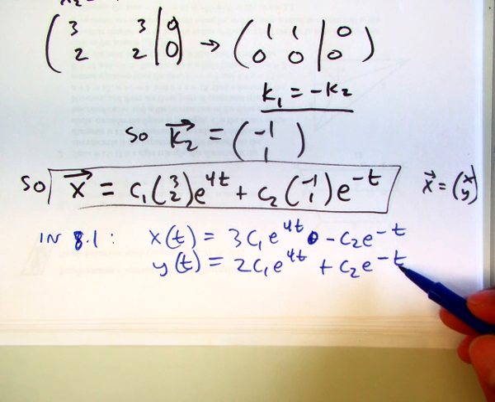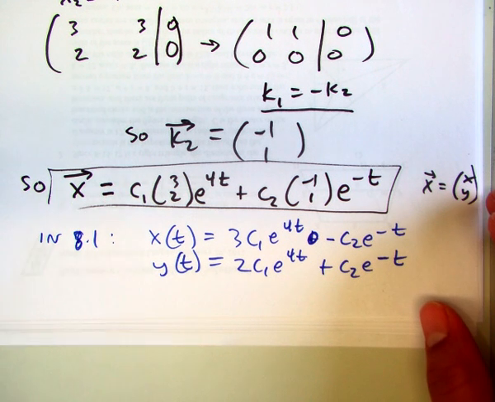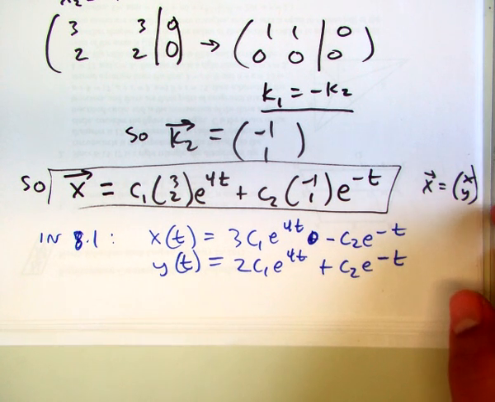Okay, so in 8.1 we eliminated, and now we can use eigenvectors or eigenvalues, which makes life a little easier without having to do all that work that we did in the beginning of the unit. Okay?